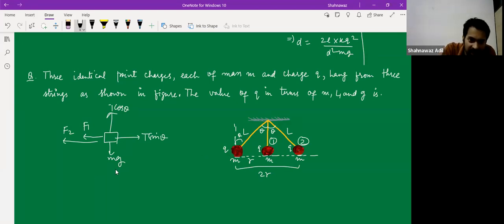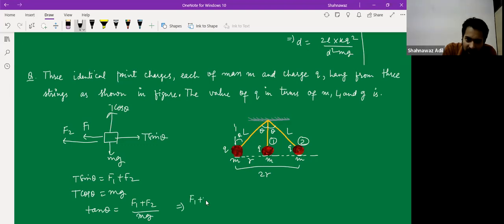So T sine theta is F1 plus F2, and T cos theta is mg. So again, tan theta is F1 plus F2 by mg. So your F1 plus F2 is mg tan theta.